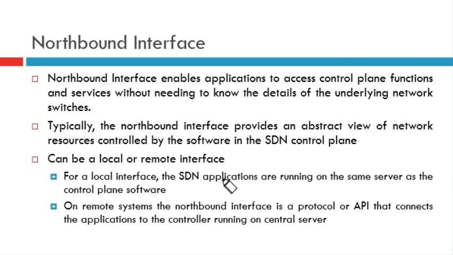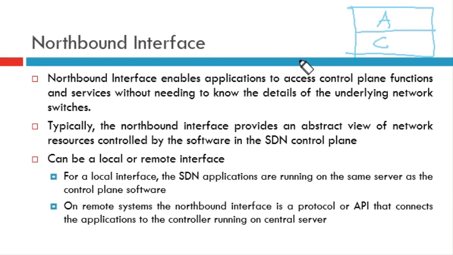This is one server, and the same server is running the control plane and the application plane. So this is called a local interface. Why? Because the SDN applications are running on the same server as the control plane software. The server is the same, one server.